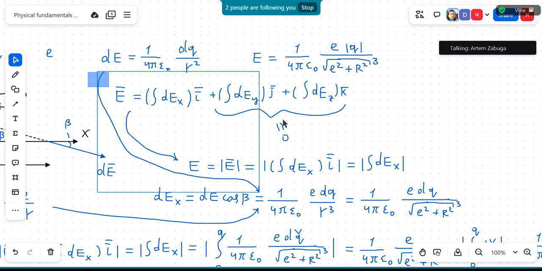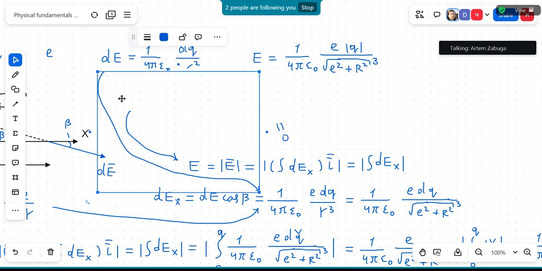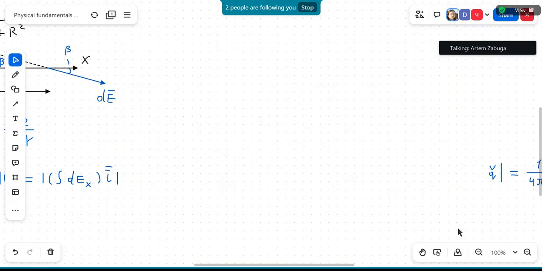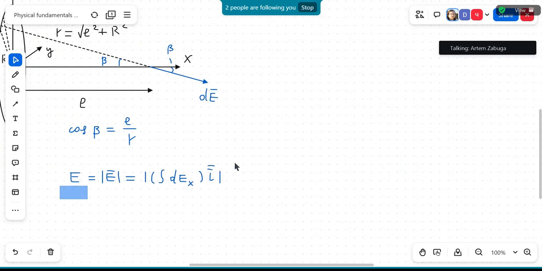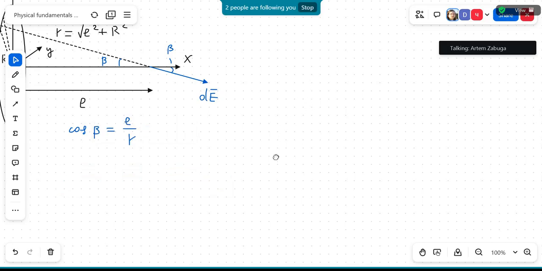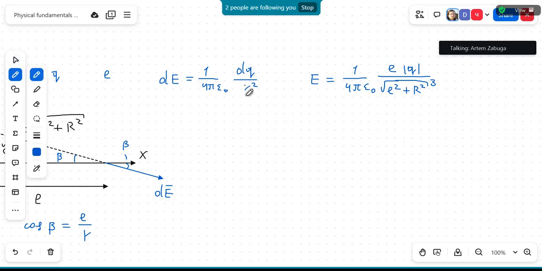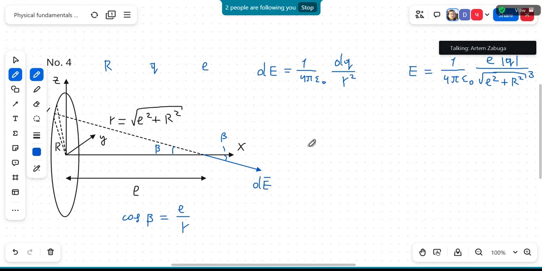No. So I will remove some things that we don't need anymore, to clean some space. And what can you say if we have to find electrostatic field potential?